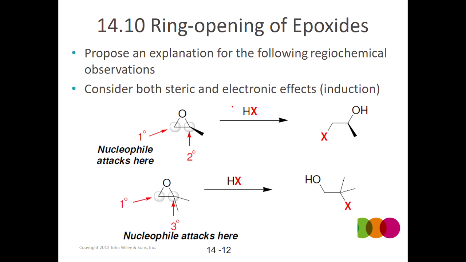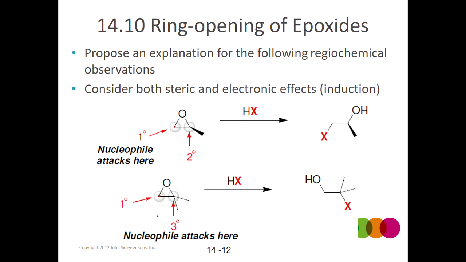All right, so we want to look at the regiochemical issues here. If you're dealing with an acid, right, so this is different from if we don't protonate the epoxide. If we don't protonate it, if it doesn't have a proton and it doesn't create a positive charge, we expect a strong nucleophile to be able to attack the less sterically hindered site.